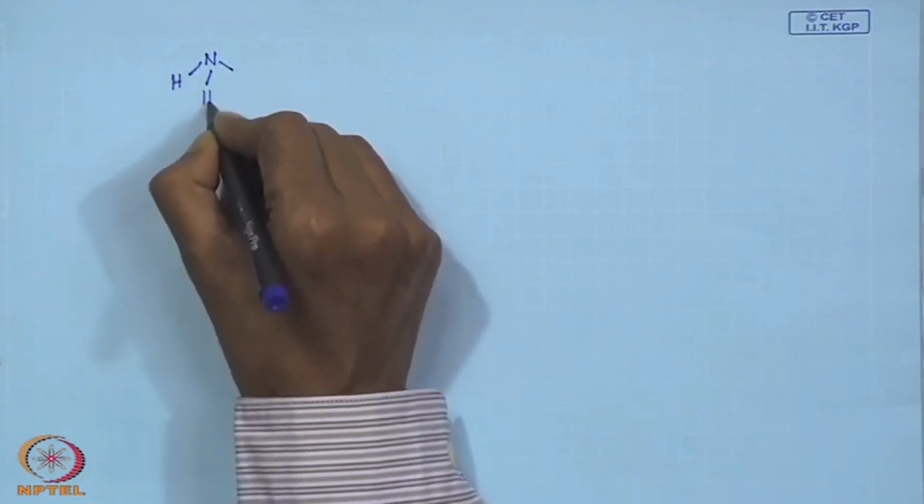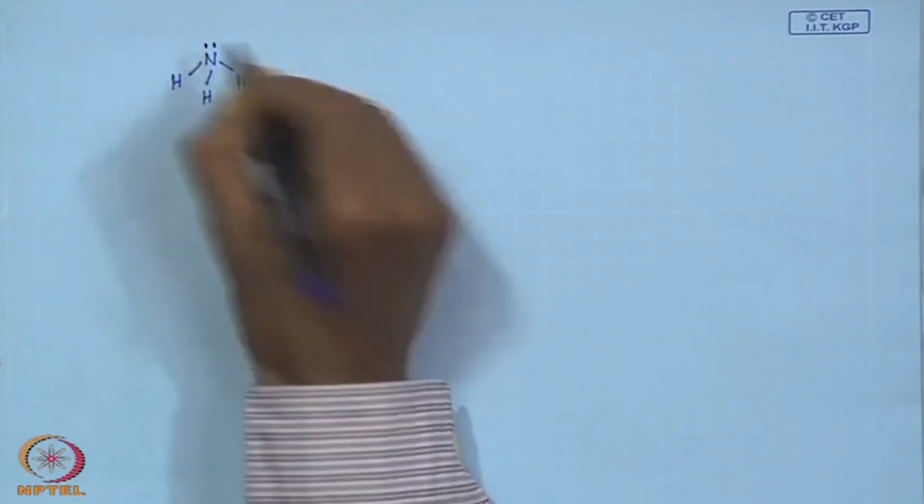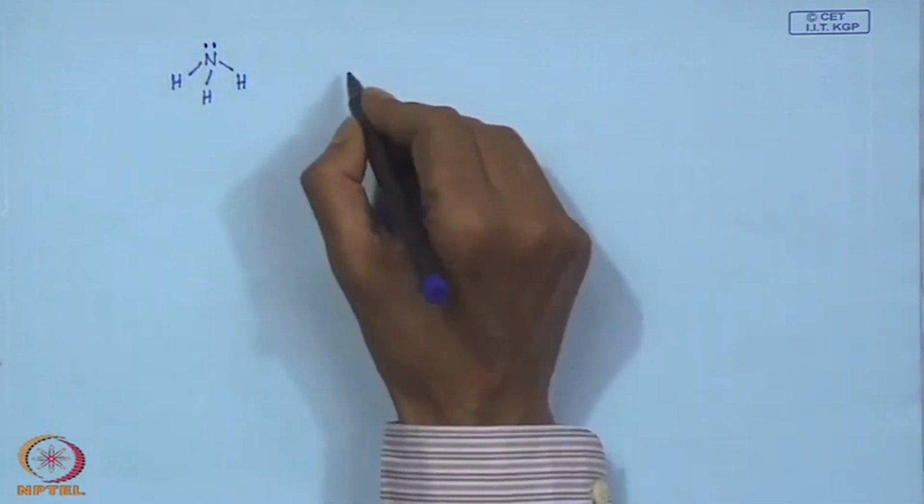ammonia. Ammonia's lone pair was utilized for bonding to the metal center.